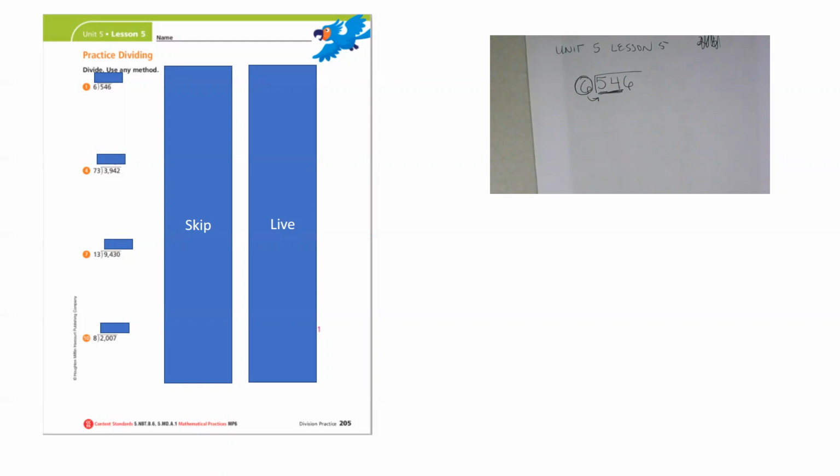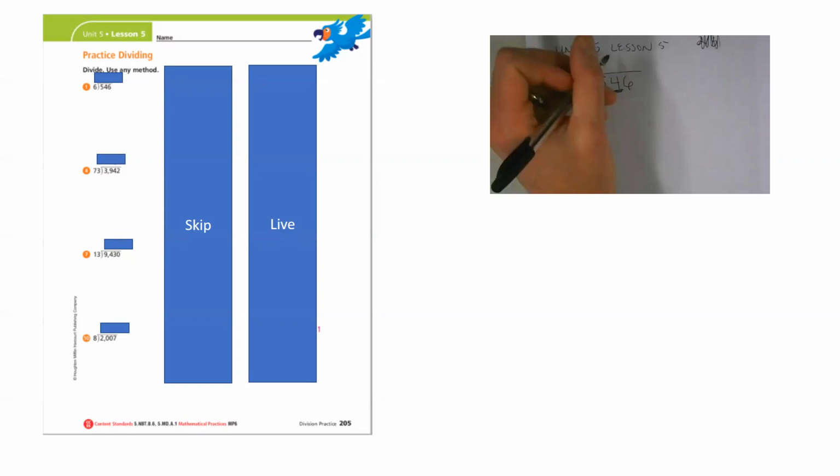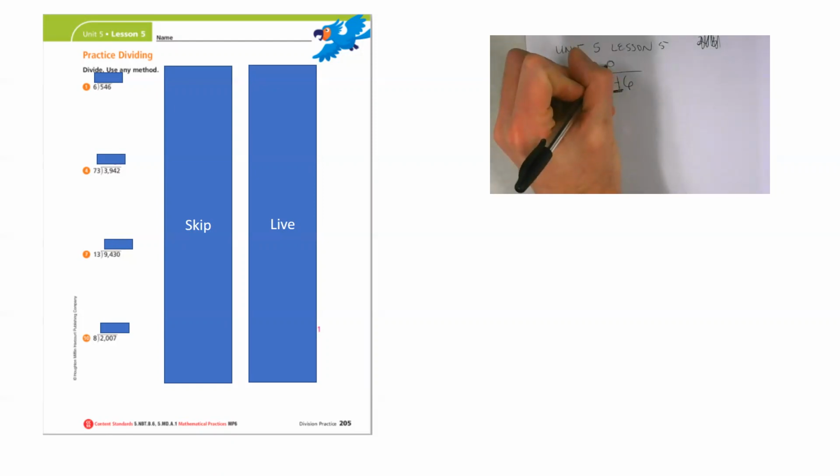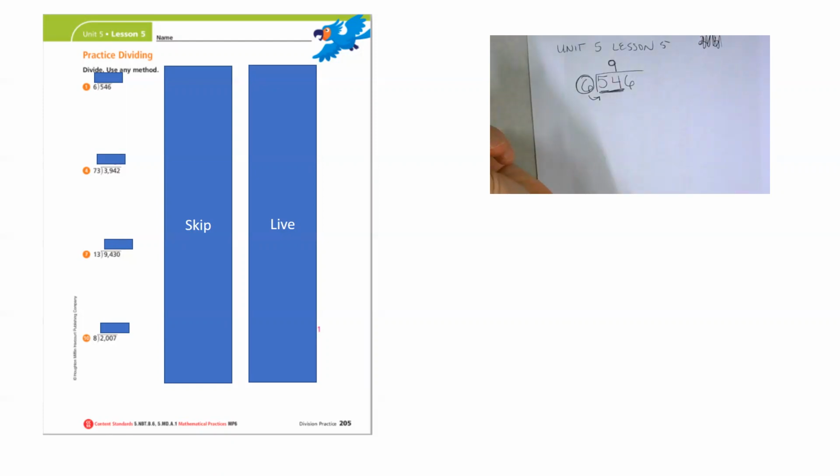So you're going to count by 6s until you get near 54. And when you do that, 10 times 6 is 60. So 9 times 6 is 6 smaller than 60. 9 times 6 is 54, right?